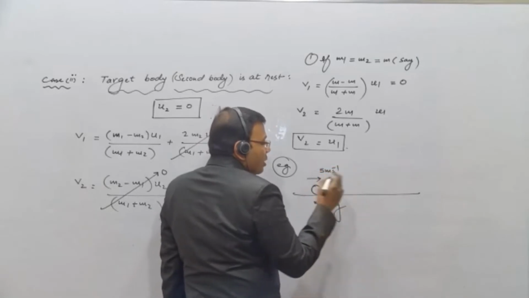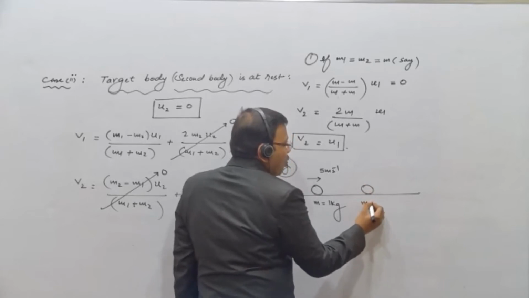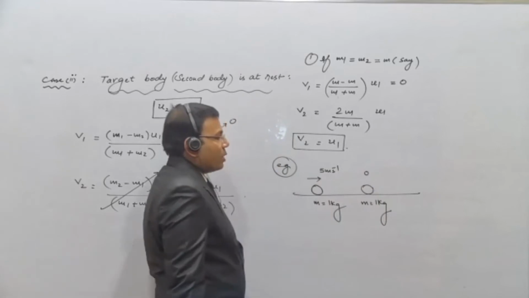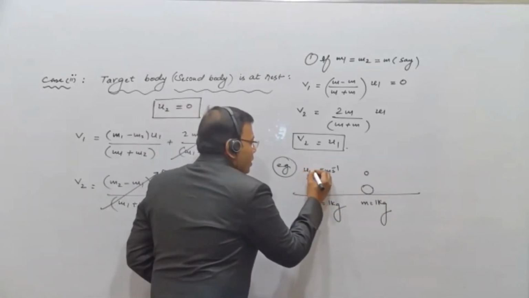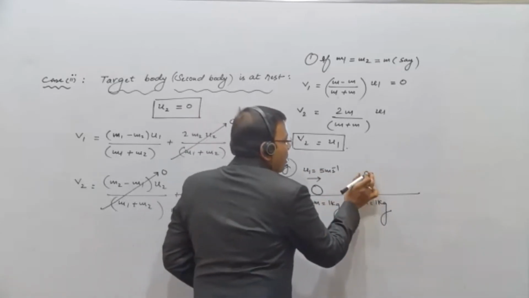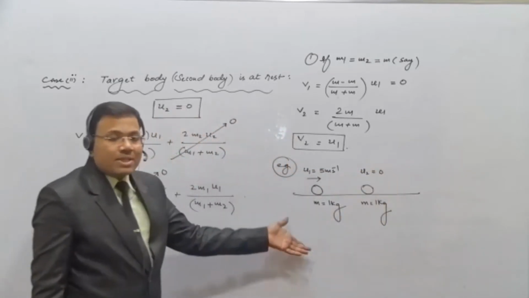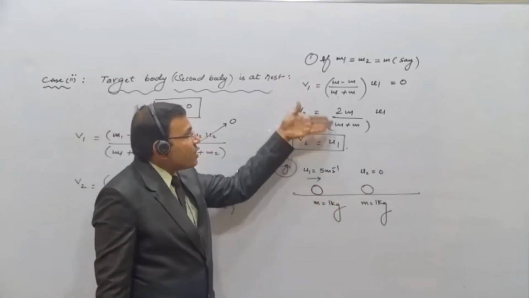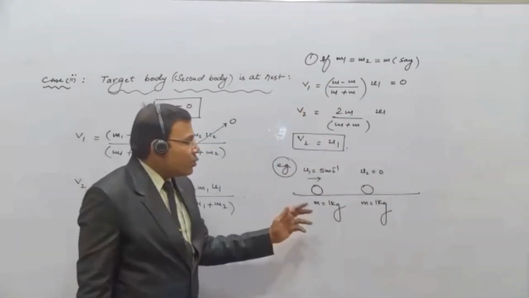When this body comes and collides with another body of the same mass 1 kg, और इसकी velocity कितनी है बेटा, जीरो है. Initial velocity, it is at rest. This is u1 and this is u2 equal to 0. This is an example I am giving. तो ये बॉडी जब कोलाइड होगा, तो as per the situation the masses are equal, तो velocities क्या हो रहे हैं, यहाँ पे exchange हो रहे हैं.